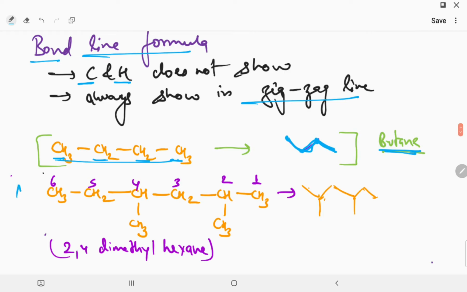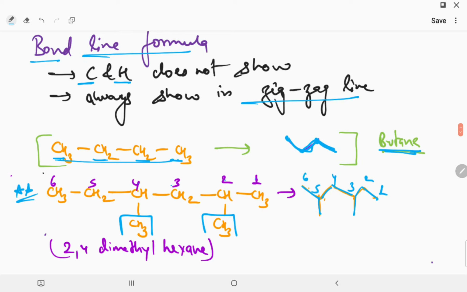Now in the second example, if you are able to see that there are 6 carbons having two other groups, so we can write in the zigzag line 1 2 3 4 5 6 and 1 and 2. Now we number it 1 2 3 4 5 6.